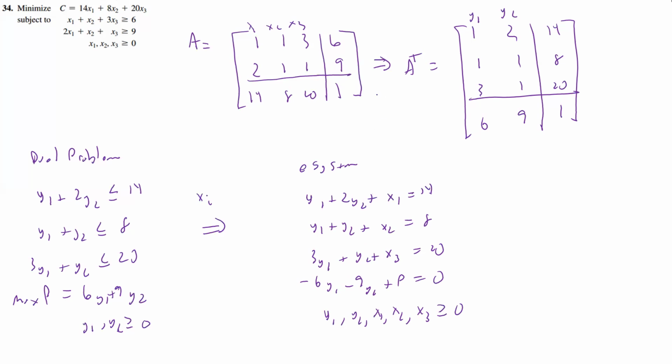Okay. So now what we need to do is write this part into our first initial simplex tableau. Okay. So our x's are going to go on the outside. So we'll have x1, x2, x3, P. And up here we'll have y1, y2, x1, x2, x3, and P. And then we'll put a line, and we can put our dotted line here.